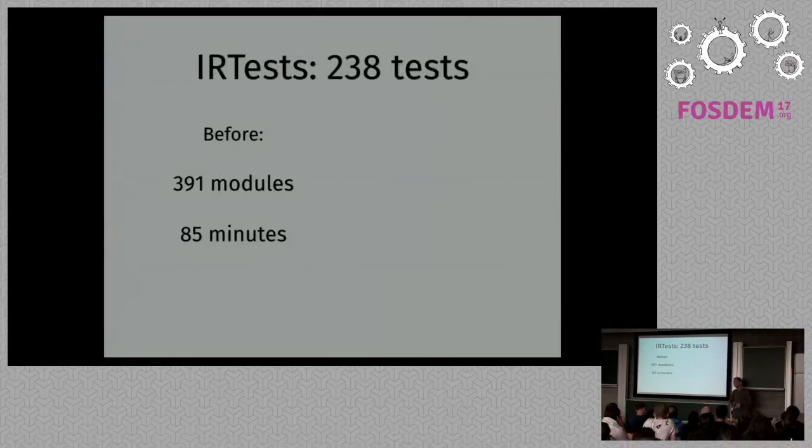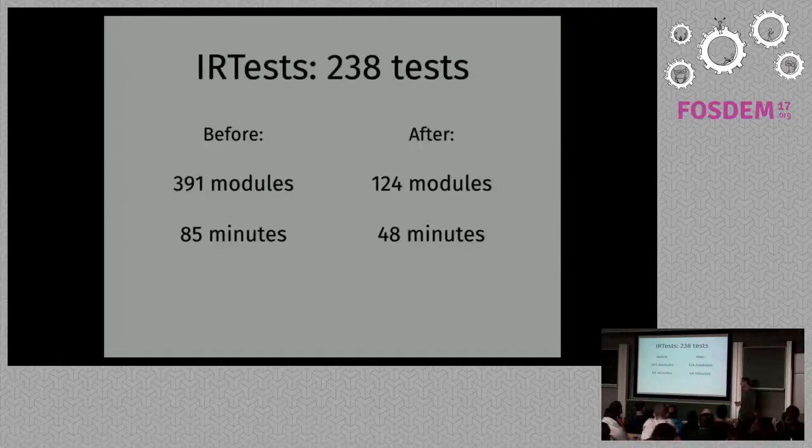Before, to run the whole system to process it, we needed to look at 400 modules, and it took roughly 85 minutes. After this improvement, cutting those unused modules, we got 3 times fewer modules, and it works almost 2 times faster. But again, it is experimental. It's not in master trunk yet, but we're working on it.